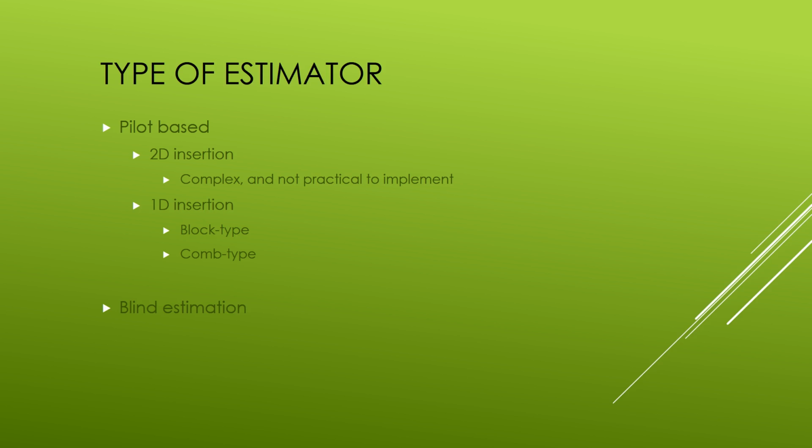So the transfer function may have a huge change during the transmission, and so the estimation of this transfer function is not practical. So the pilot-based estimation, which inserts the pilot into the signals in the OFDM blocks, is more practical.